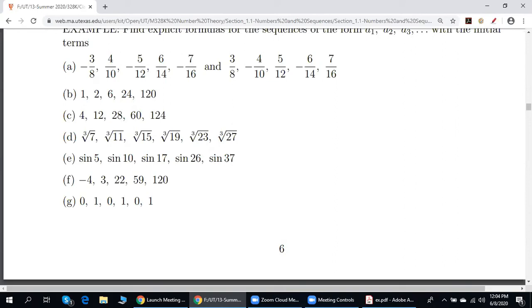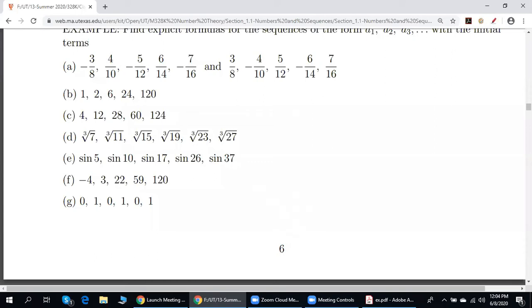From one term to the next, we're always adding 4. So 7 to 11, that's 4. 11 to 15 is 4. 15 to 19 is 4, etc. Yes. So that means that the inside of this is an arithmetic sequence.